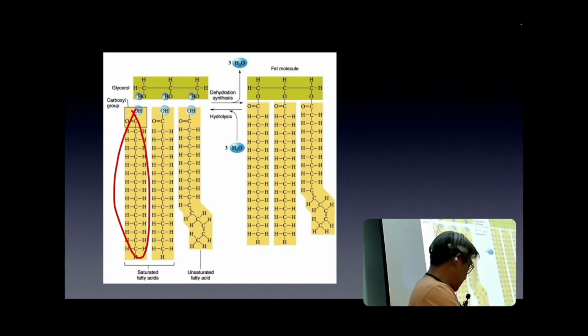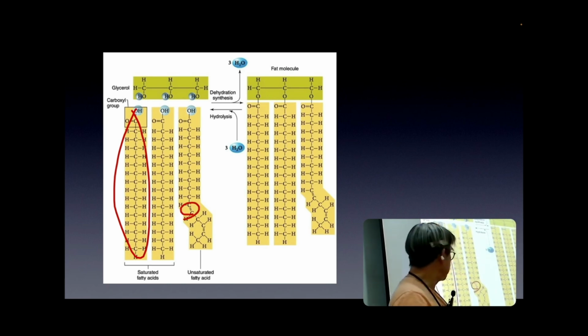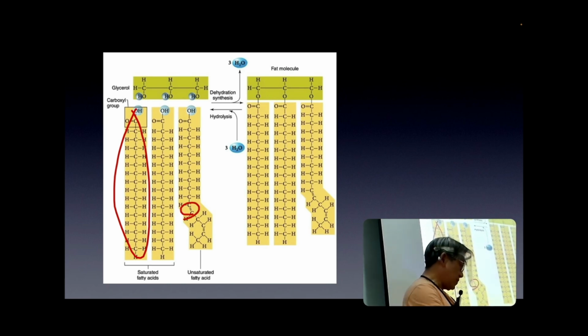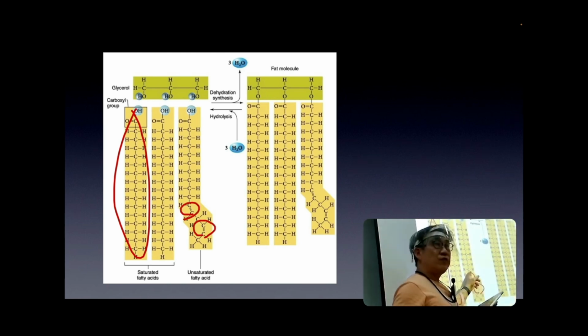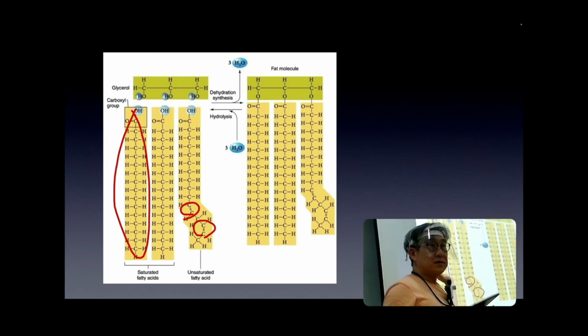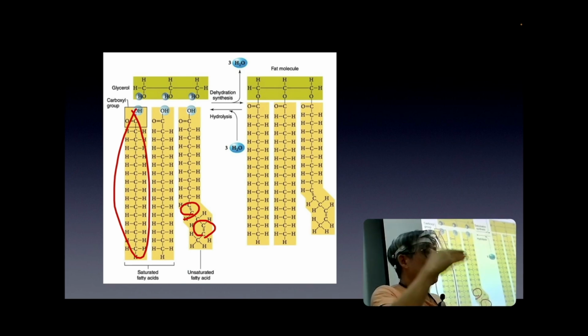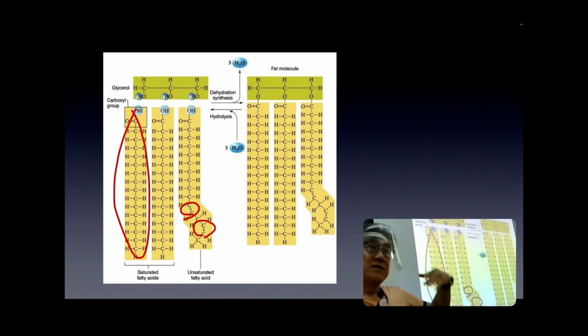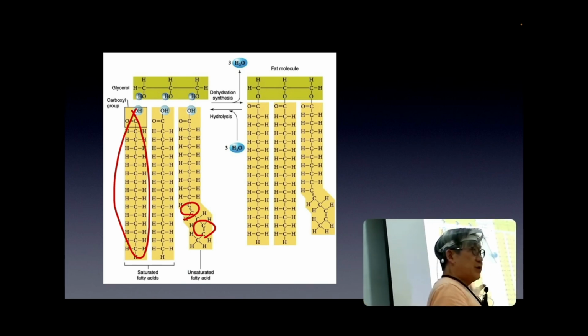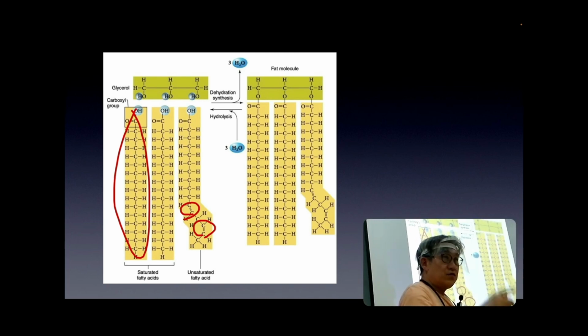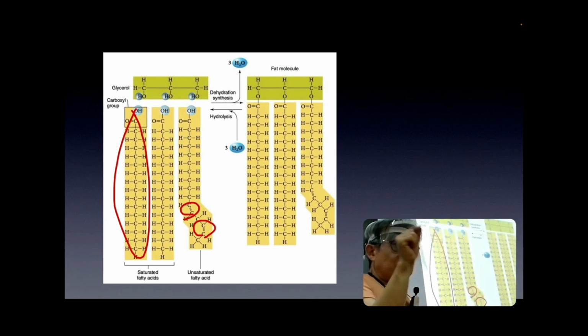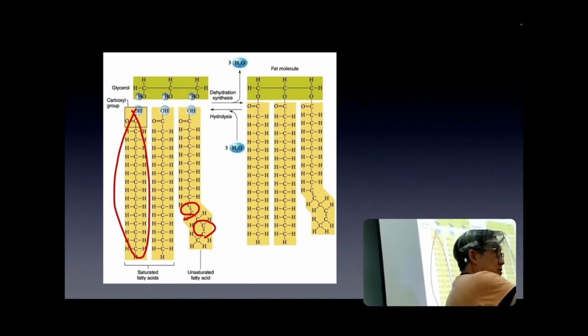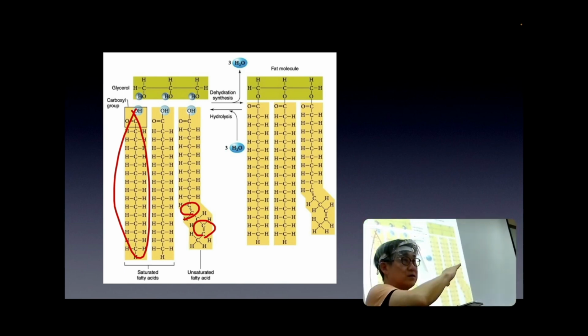The only difference is this. Do you recognize this? We mentioned this type of thing last week. It's a double bond. It's a covalent bond, but with two pairs of electrons shared at the same time, so we draw a double line to indicate it. So this is a carbon covalent double bond.